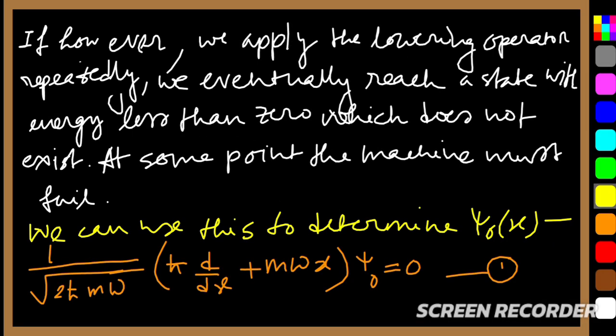If however we apply the lowering operator repeatedly, we eventually reach a state with energy less than 0, which does not exist. At some point the machine must fail. When you use the lowering operator, that means a minus, the energy value keeps being deducted, and at one point it reaches energy less than 0, which is inapplicable. So in that case the machine fails, and this is a demerit. If I use excessive lowering operator, the energy value keeps decreasing until it becomes less than 0, which does not exist naturally, so the procedure will not work.